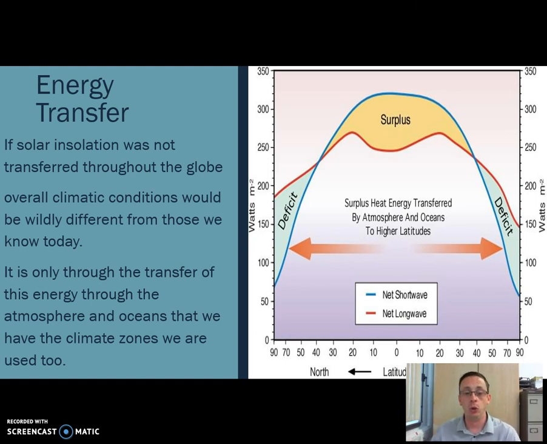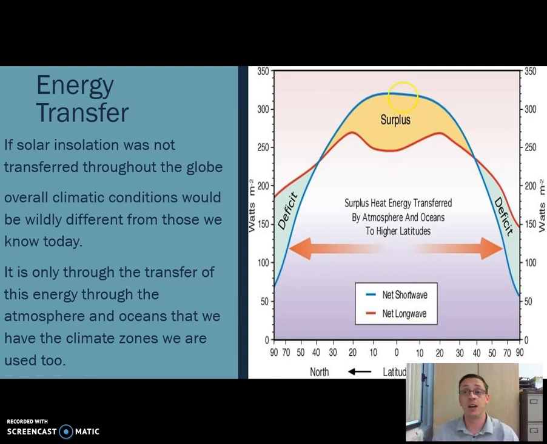But we do get the atmosphere transferring heat from the equator to the poles, and you can see here in this graph, so we've got 0 degrees latitude, so the equator, big area of surplus. We have got huge amounts of net shortwave, so that's solar insolation, and not very much long wave energy being radiated back out of the Earth.